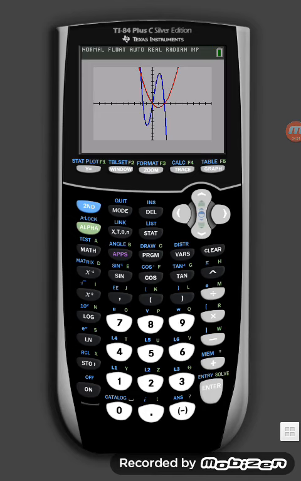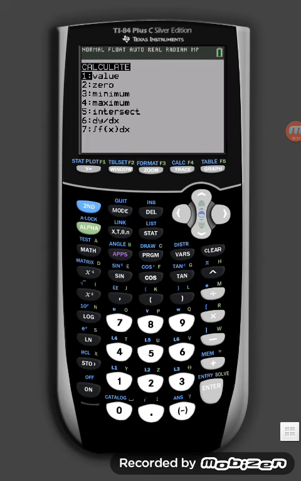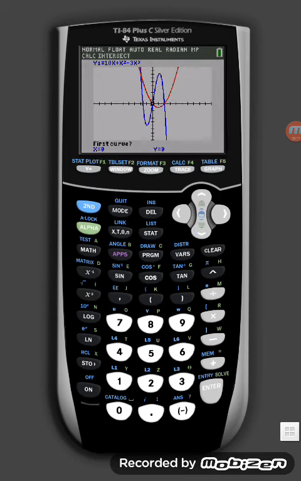Now we have to do the other part. Again, we need to find the intersection point. I know it's going to start from 0, so I just have to find the x value of the third intersection point. Go to intersect. My first curve is the blue one, the second curve is the red one, and my guess value is somewhere there. The third intersection happens when x is equal to 2.